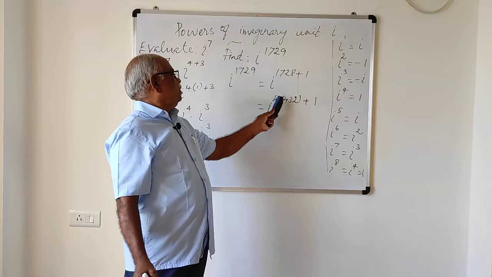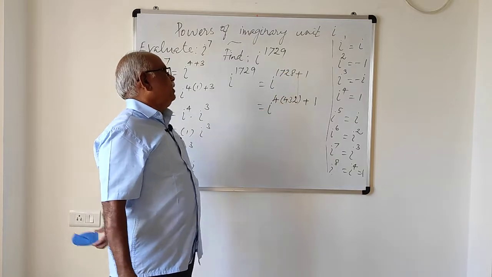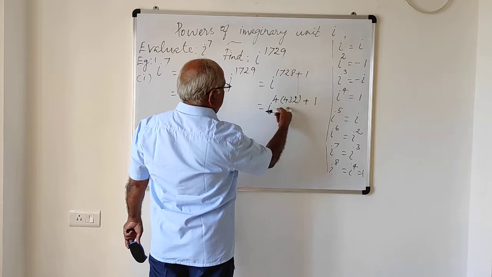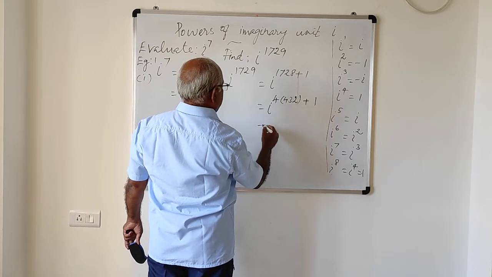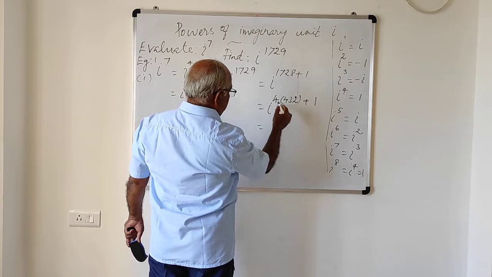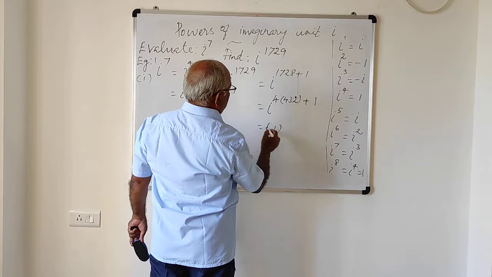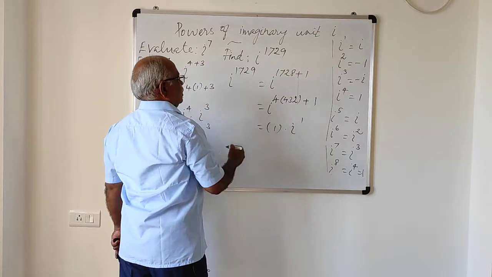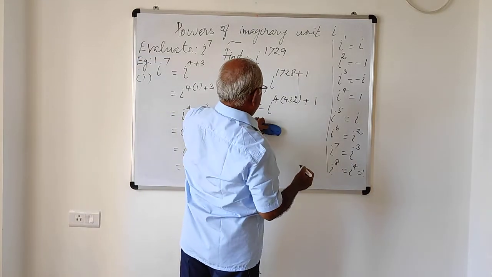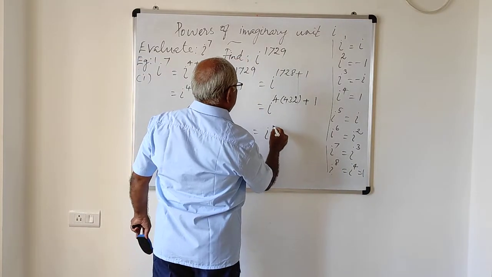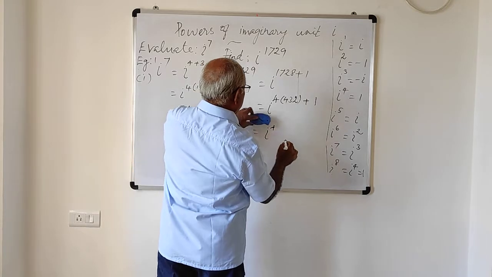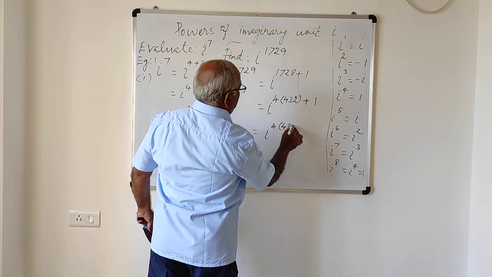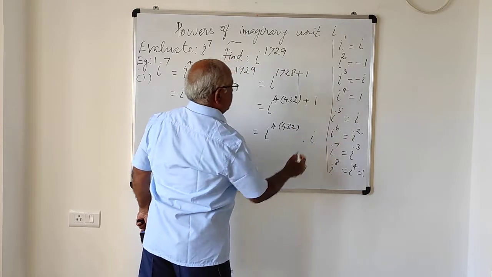4 2s are 8, 4 3s are 12, 1, 4 4 7 is 17, 20. Okay, good. This is i to the power of 4 times a multiple of 432. This is nothing but 1. i power 4 to the 432 is 1 into i power 1.